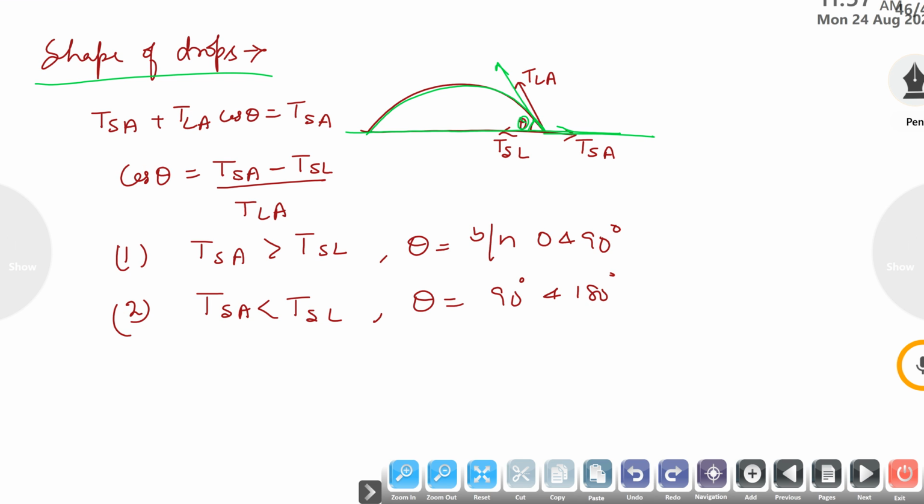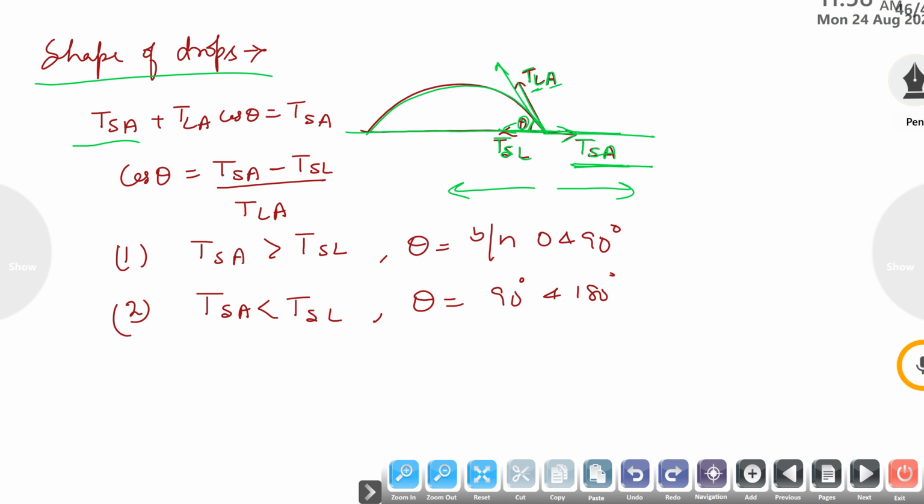So, this is the surface tension between solid and air. This is the surface tension between solid and liquid, and this is the surface tension between liquid and air, as there are three different surfaces: solid, liquid and air.